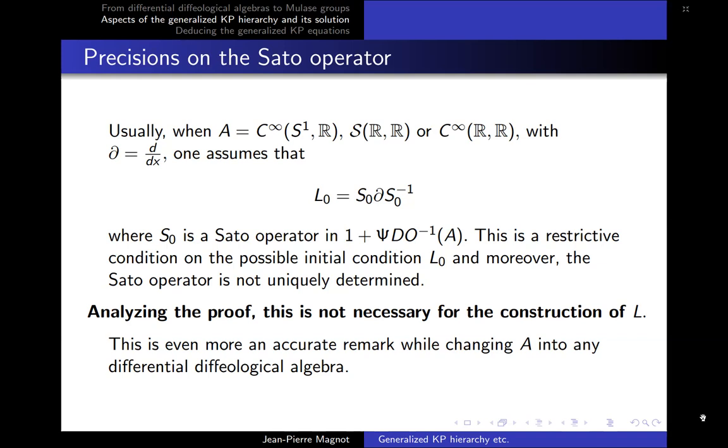And the second point is that the Sato operator is not unique. We have to consider also commuting operators which can modify it. So for these two reasons, from the viewpoint of the KP hierarchy without considering any other subject, it is a good point to consider this Sato operator as non-necessary.